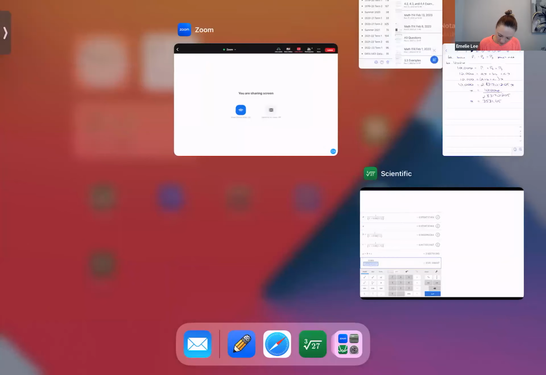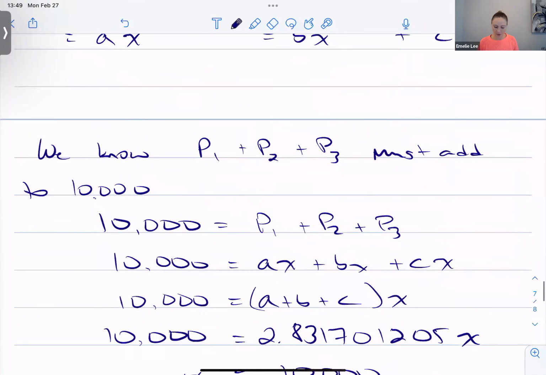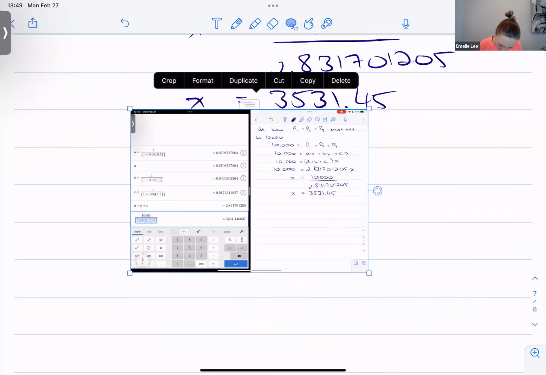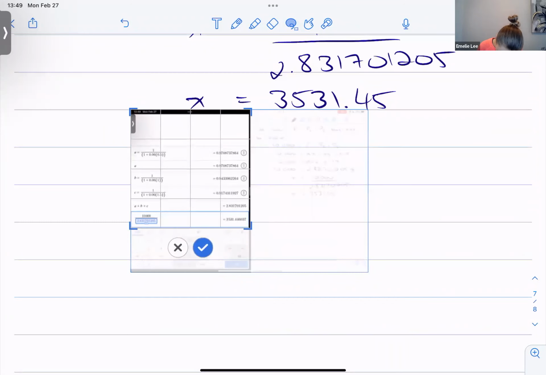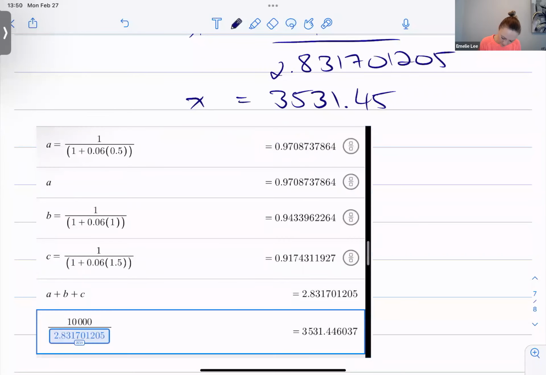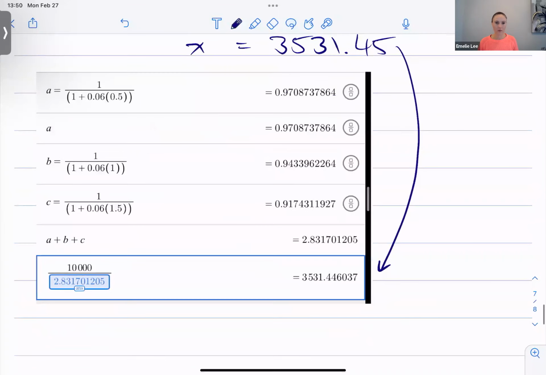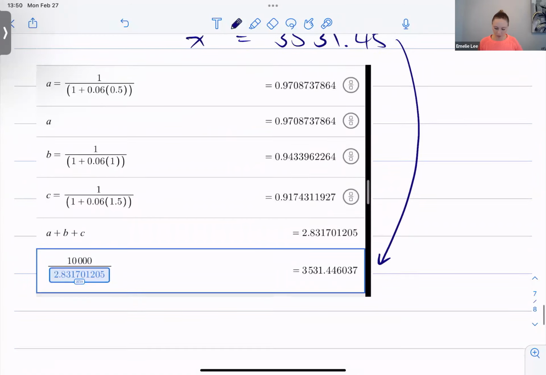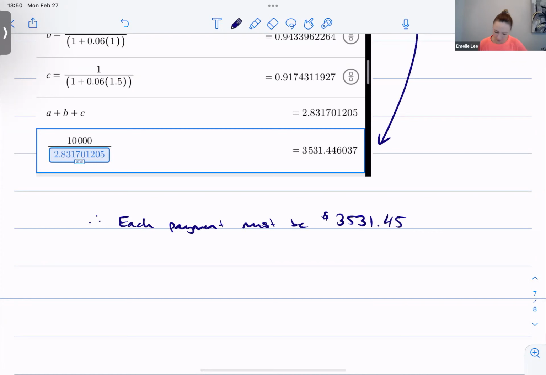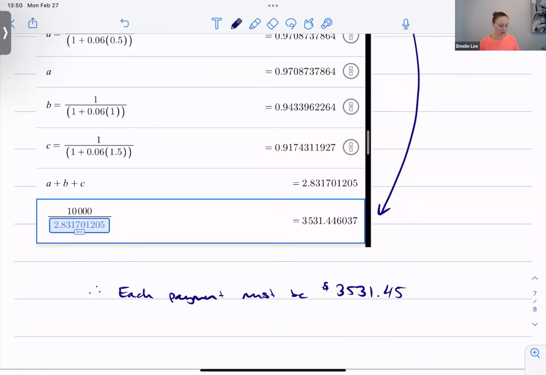Wait. There. So this I knew would be kind of crazy here, but I'm just going to bring this in and crop it. So each payment, therefore, must be 3,531 and 45 pennies.